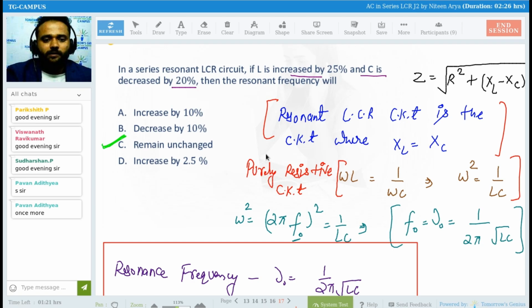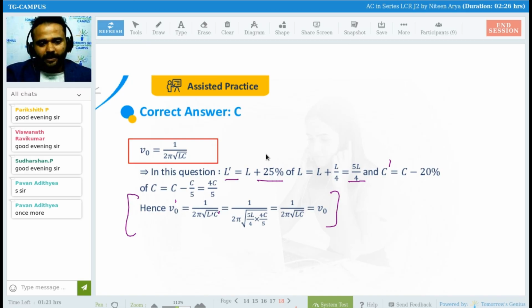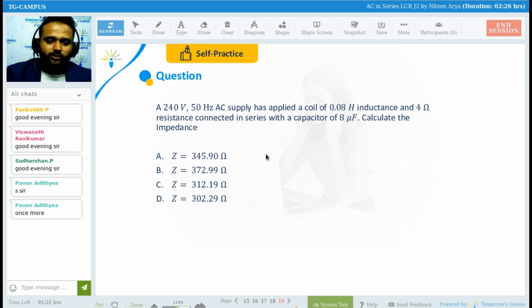Z equals R only. So that is why it is known as a purely resistive circuit. CKT stands for circuit. So the moment I find this formula, I put L prime and C prime into v naught prime, and I get the same thing. Now this one is very easy. You need to find the Z only.